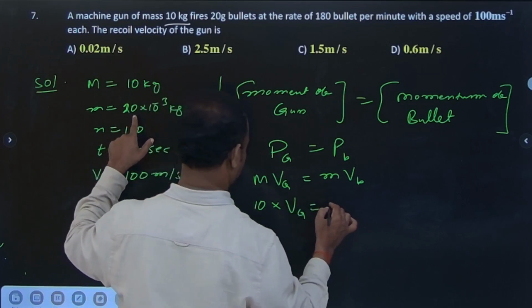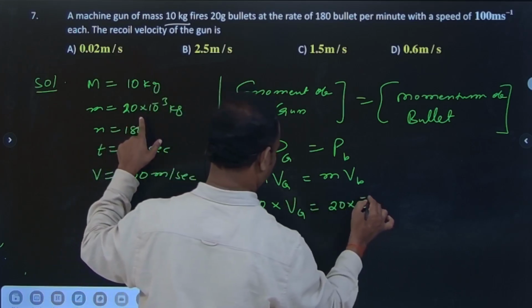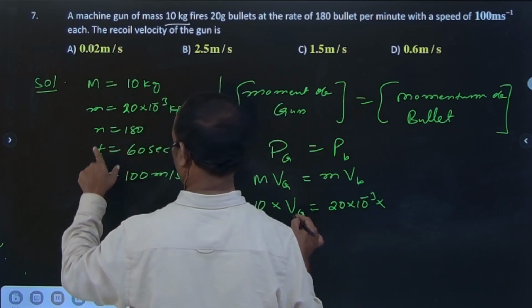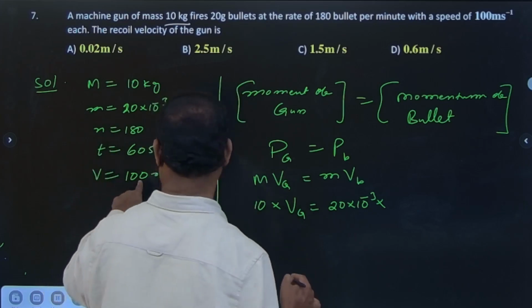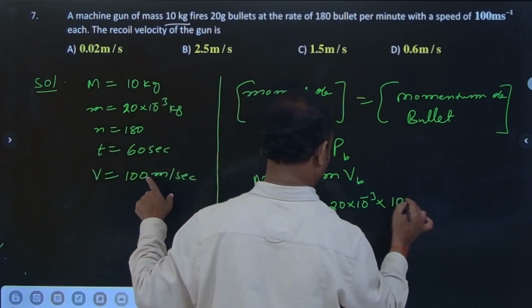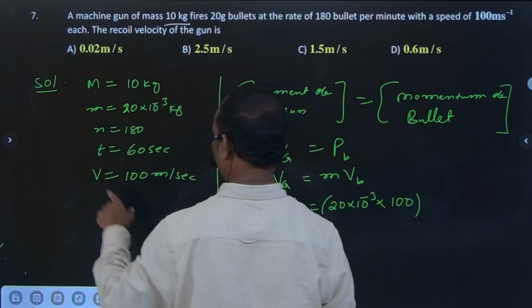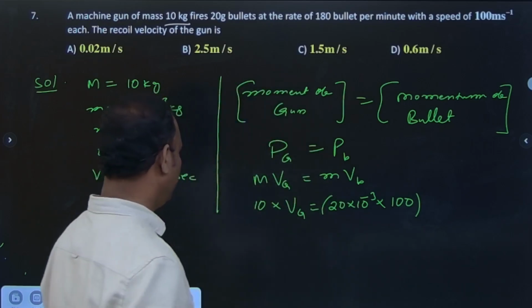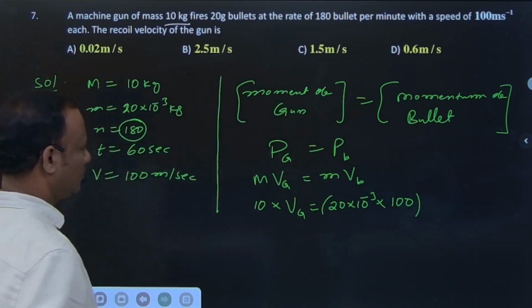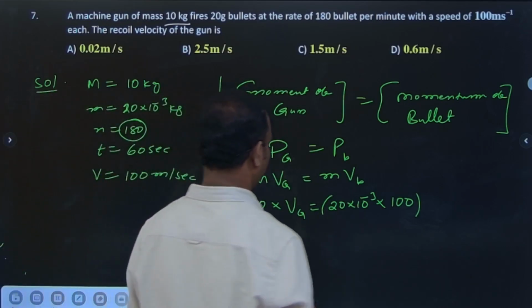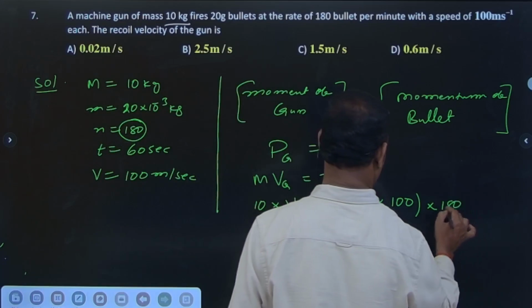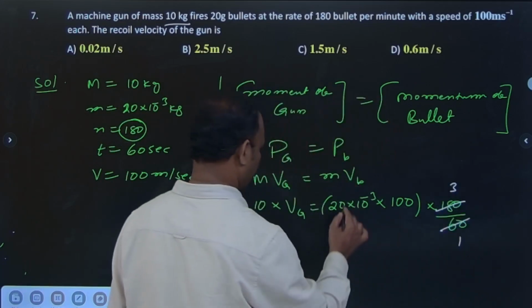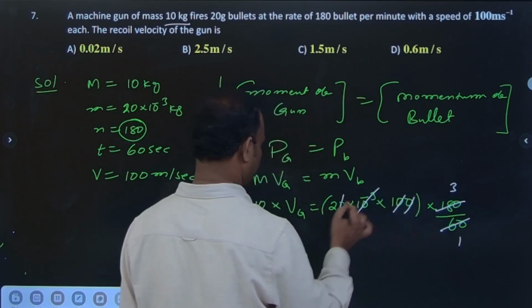Mass of bullet is 20 into 10 power minus 3, and velocity of bullet. So what is the velocity of bullet given? It's 100. And how many bullets do you have? There are 180 bullets. 180 bullets per 1 minute means 180 by 60. 60 ones are 60, 3 zeros, 1 2 3, this one cancels.